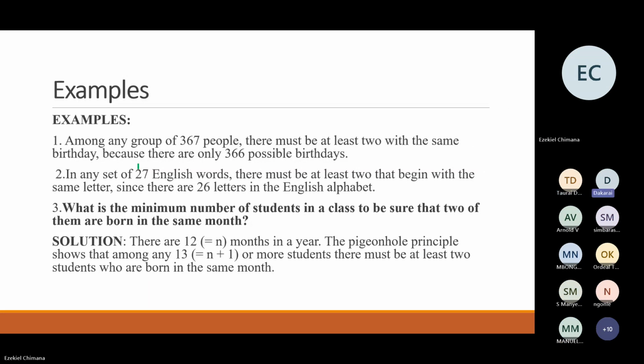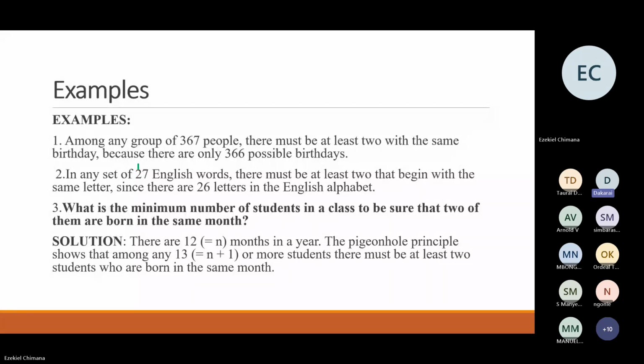So for at least 2 students to be born in the same month, there should be an extra student beyond the 12 students we already have.